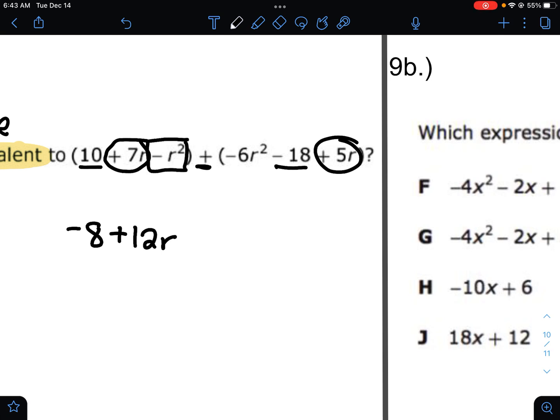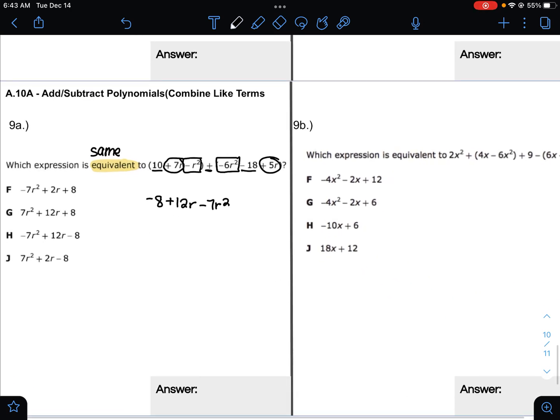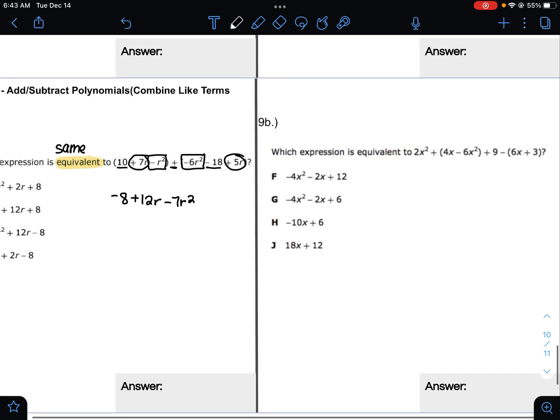Negative 1R plus a negative 6R is a negative 7R squared. I'm sorry, I left off the squared. I look for my answer choices that are similar, so I want it to be a negative 7R squared, which means I can eliminate J and G. And then I want it to be 12R, so my answer is H.